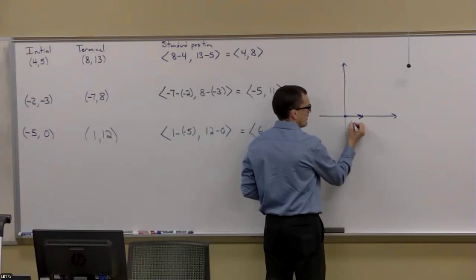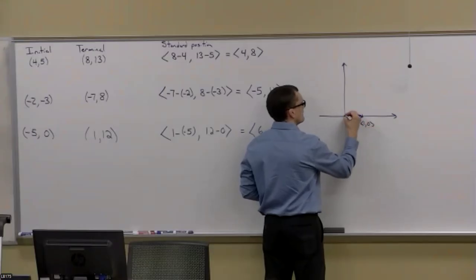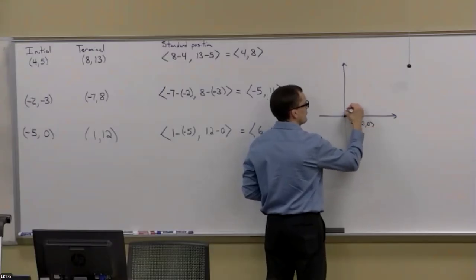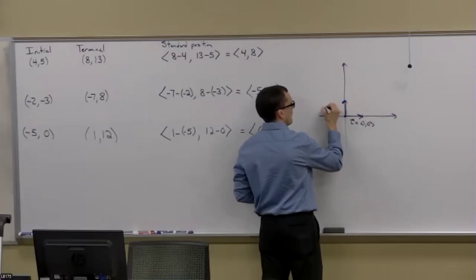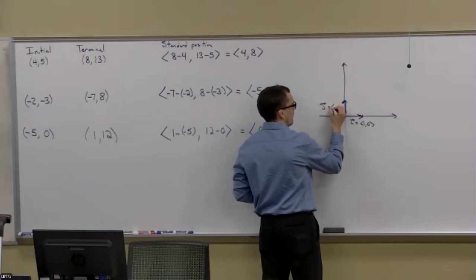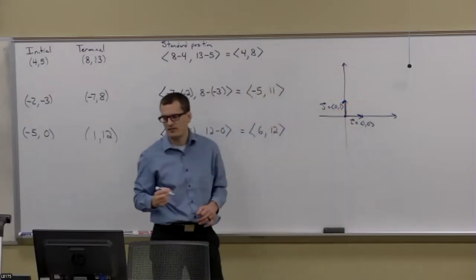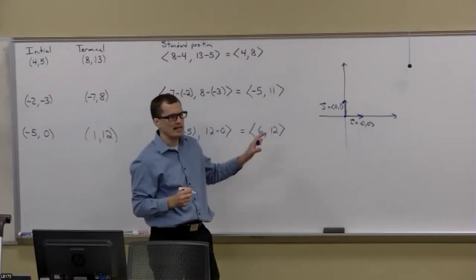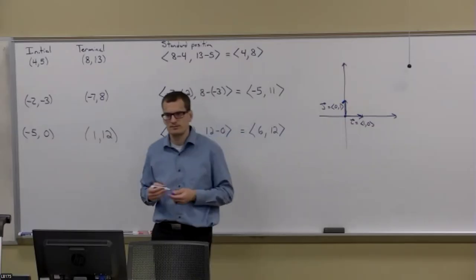That's the vector i. j goes out 1 unit along the y-axis. Does that make sense? So that's what i and j are doing, and the 0 vector is the only one that stays at the origin.